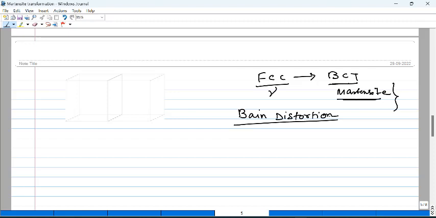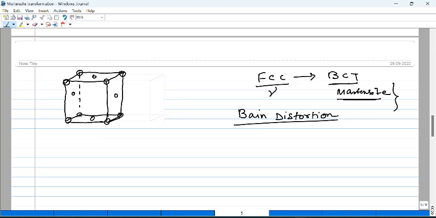Conventionally, how we look at FCC is that the corners are filled with a particular type of atom, the atoms occupy the corners of this unit cell, and the centers of the faces of this cube.